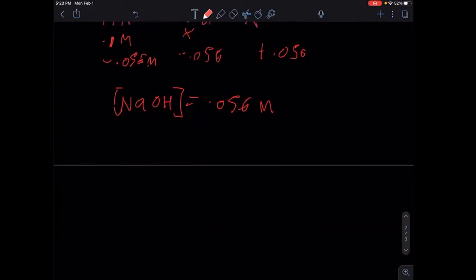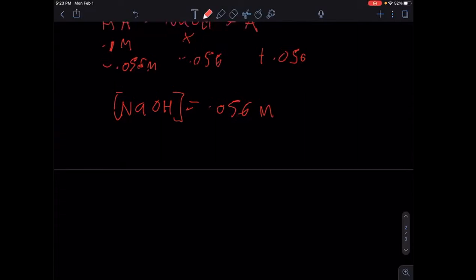We're going to put all our things in the same beaker, right? Yes. So if you are using C1V1 equals C2V2, C1 will be 1 molar, V1 is what you want to know, C2 is what you have here, 0.056, and V2 is 15 mL.